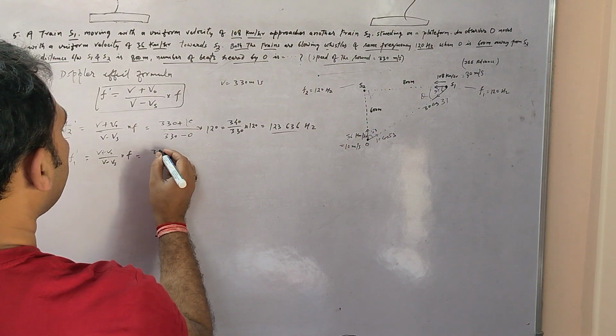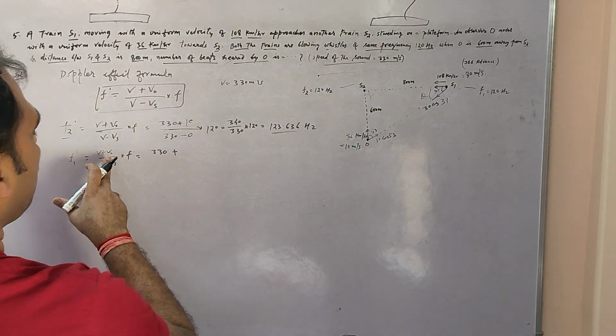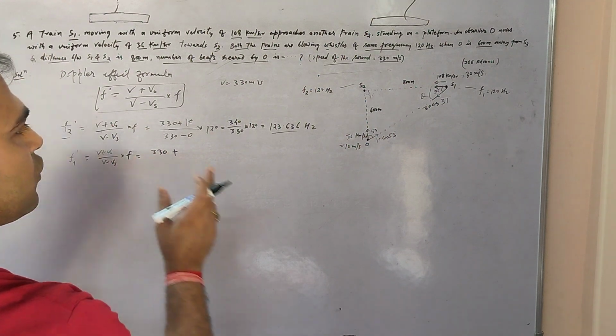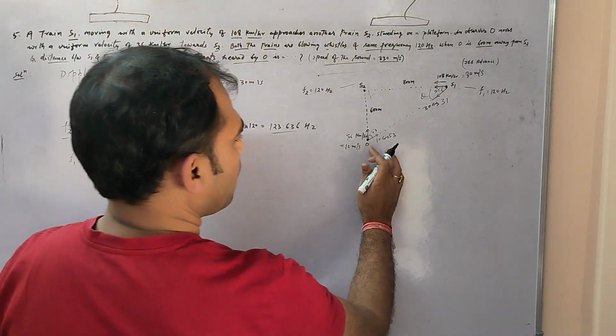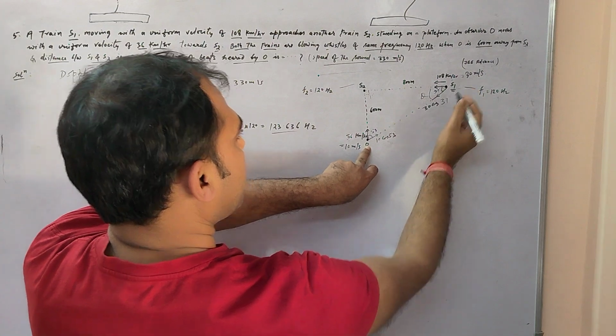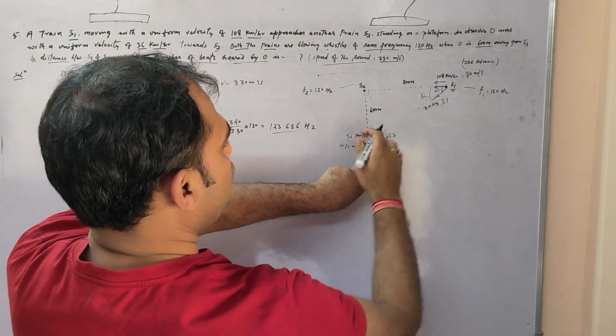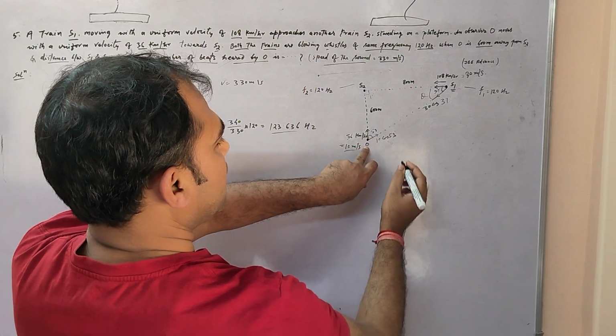Again speed of sound, plus VO, velocity of observer towards source, velocity of O towards source S1, but O is moving towards S2 with speed 10 meter per second.